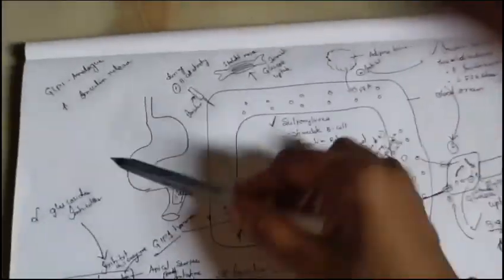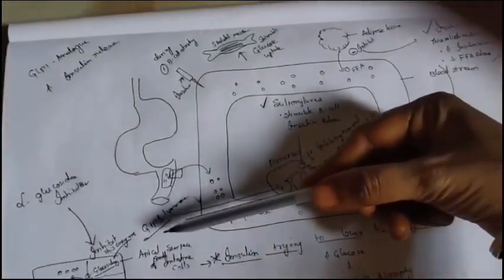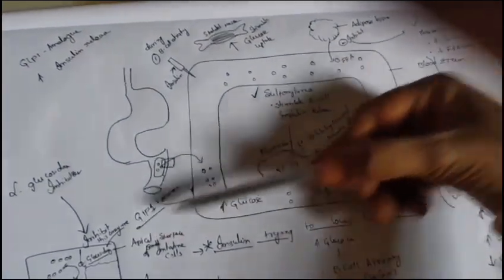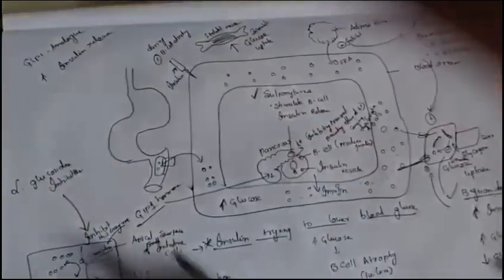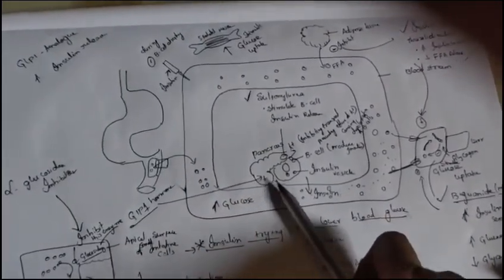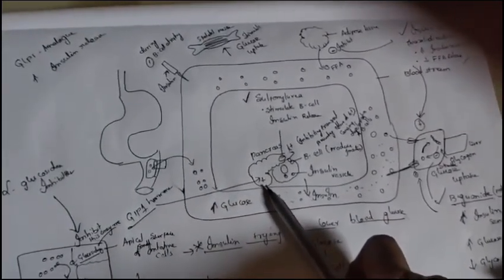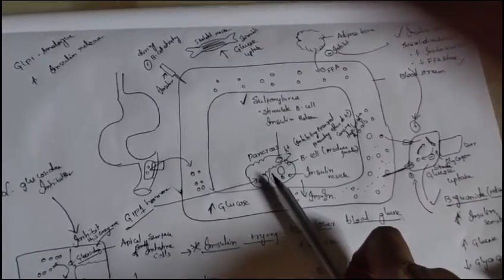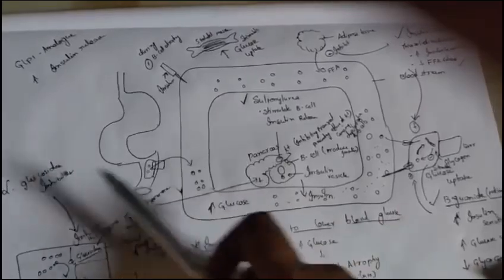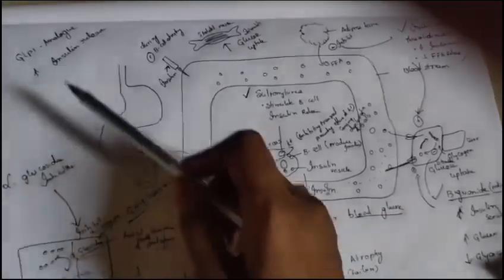One more drug of choice: we are talking about the GLP-1 hormone, which is produced from the small intestine. It mainly acts directly on the pancreas cells. Once the pancreas cells trigger the B cells, the insulin is released. For that, we are going to give GLP-1 analogs.